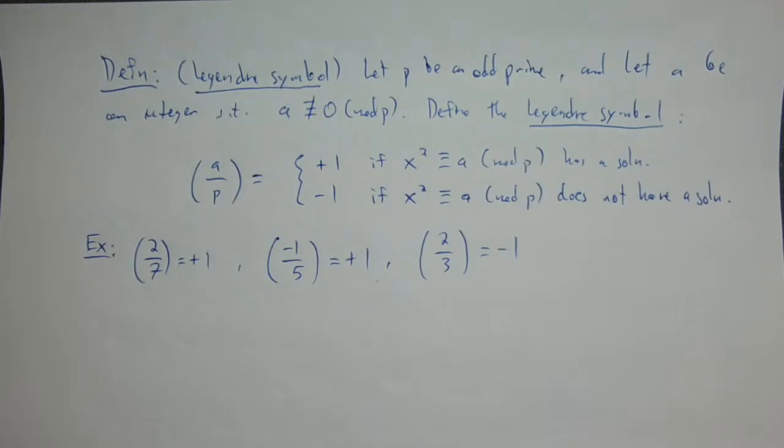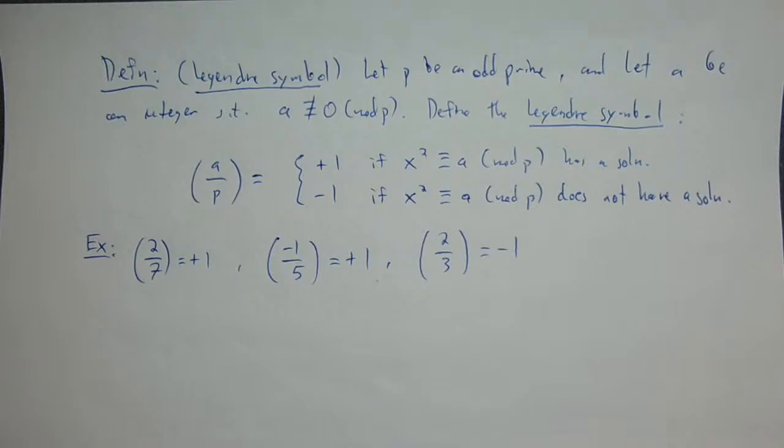Okay. So, quadratic reciprocity is going to be stated in terms of the Legendre symbol. But before I do that, there is a proposition that I'm going to prove that has multiple parts and contains a part called Euler's Criterion, which is an important tool for understanding the Legendre symbol.